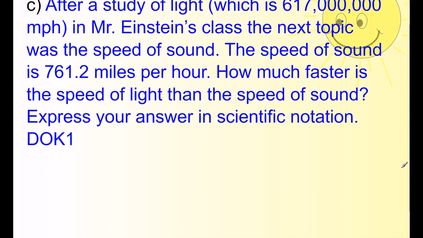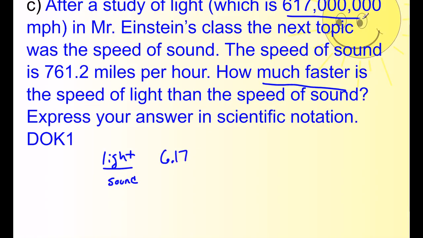Okay. So hopefully the first thing you thought of is, I need to do another one of those ratio things to find out how much faster, how many times faster. We need a ratio. So how much faster is the speed of light than the speed of sound? So the speed of light is 6.17.